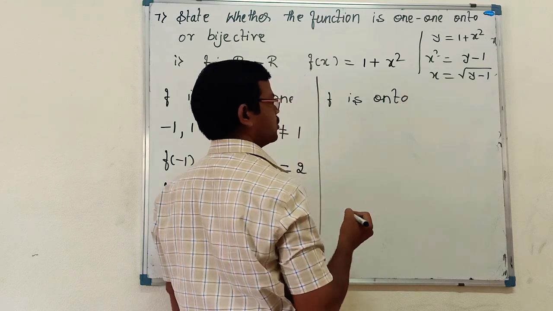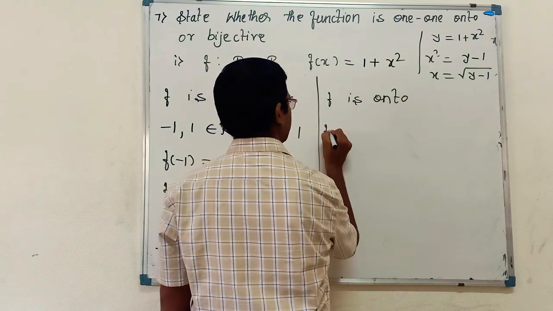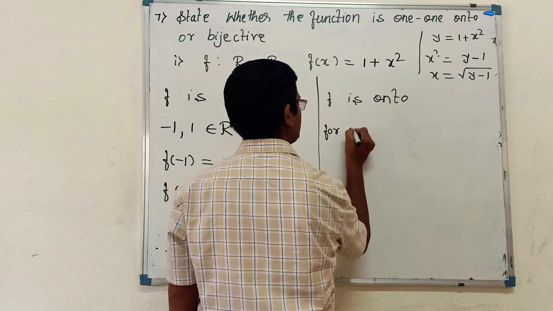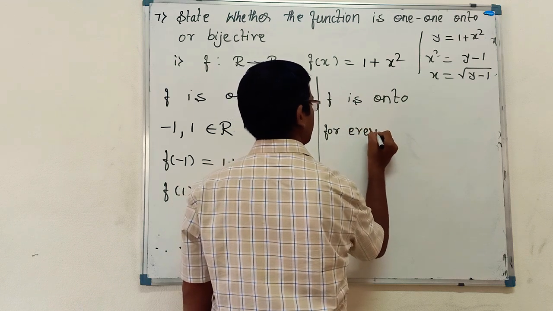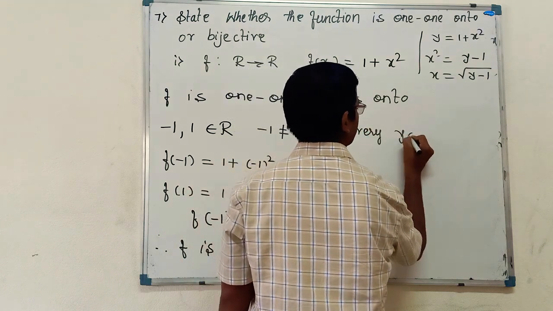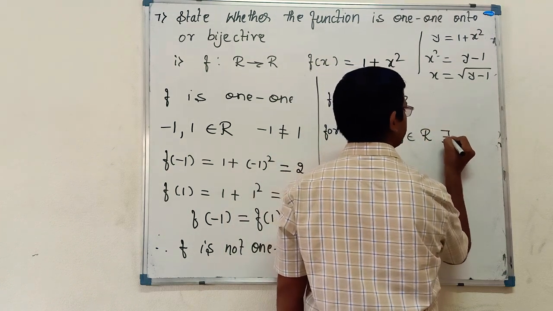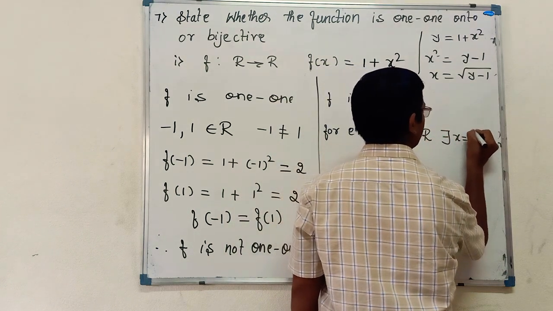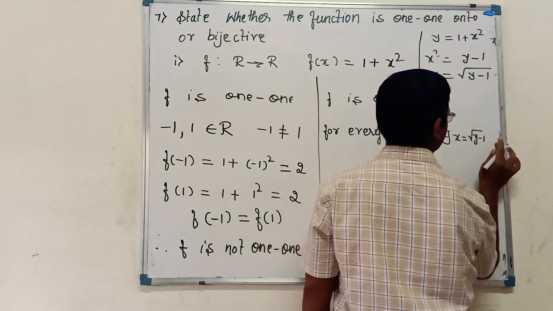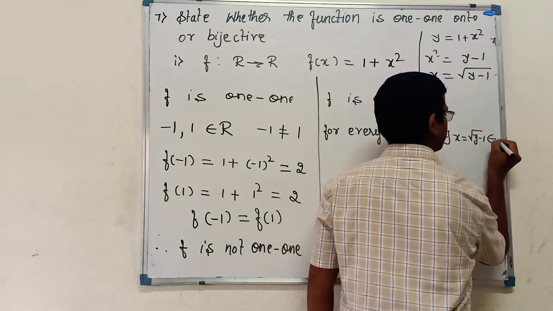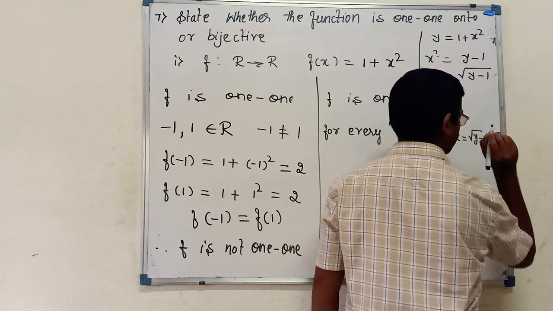For f to be onto, for every y belongs to the codomain, that is R, there exists x equal to root of y minus 1, which does not belong to R. Why?